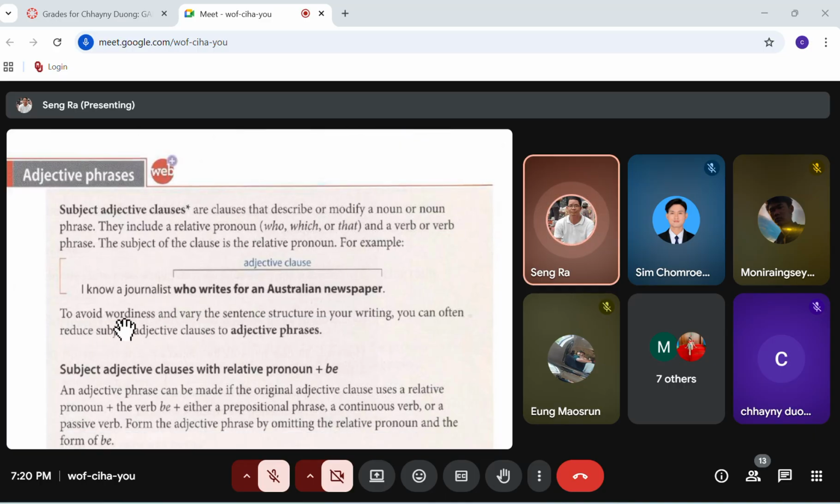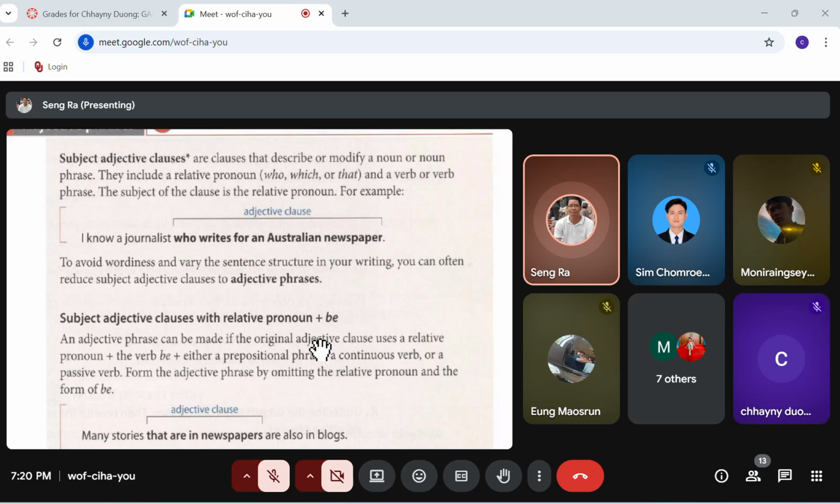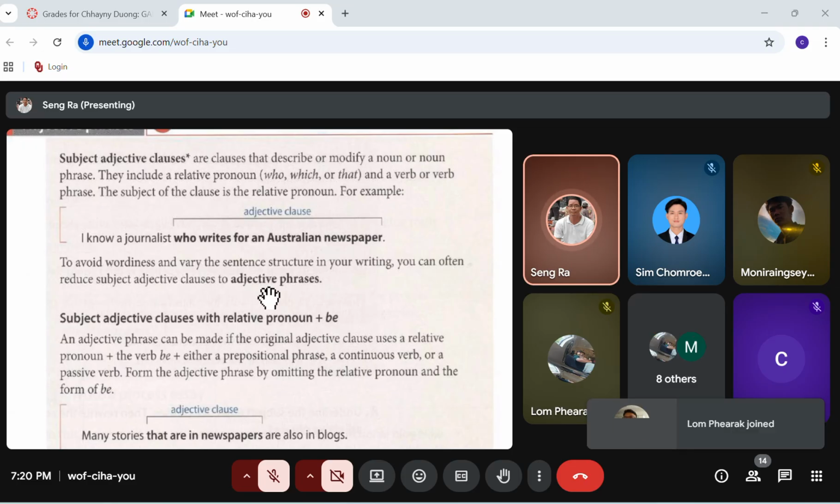To avoid wordiness and vary the sentence structure in your writing, you can often reduce subject adjective clauses to an adjective phrase.